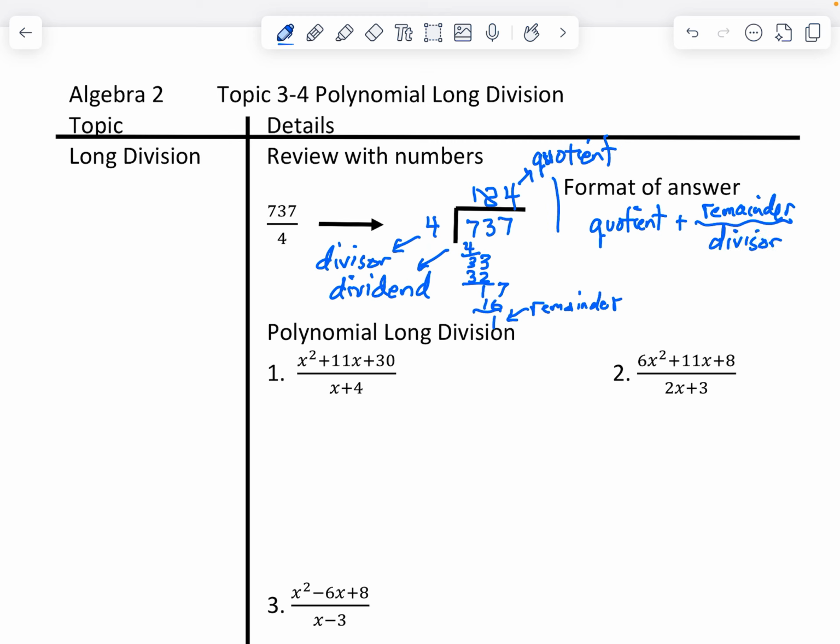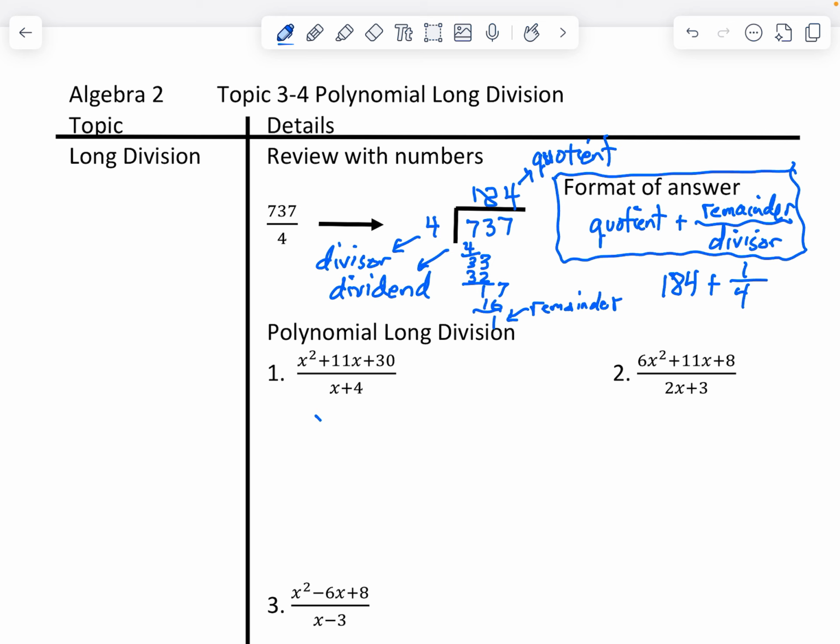So that's how we format each of our answers in these long division problems. So for this problem, the answer would be 184, which is the quotient, plus the remainder, which is 1, over the divisor, which is 4. So 184 plus 1/4.